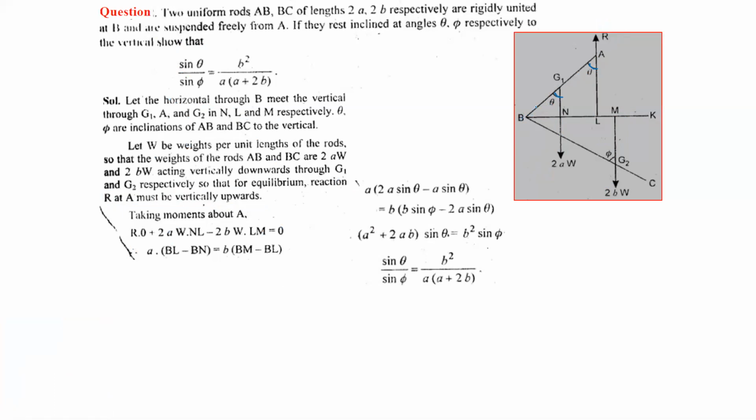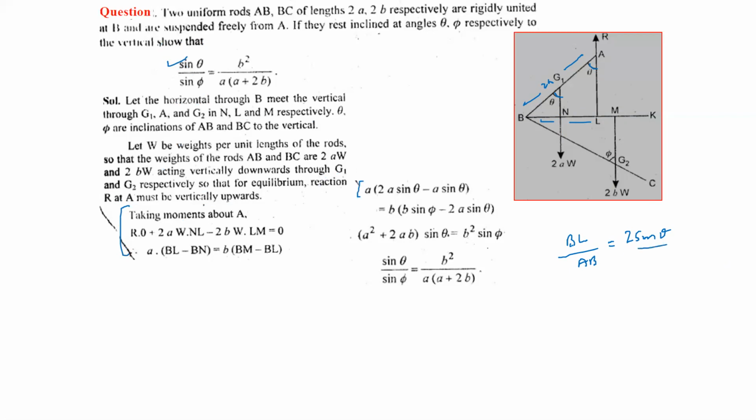In this triangle, if we consider the full triangle, we have the hypotenuse and we don't know the perpendicular. This one will be considered as the perpendicular. So BL, perpendicular, by the hypotenuse will be sin theta, because we need the value of sin. I am just explaining why we are making these steps.